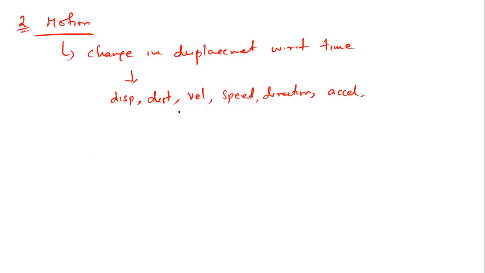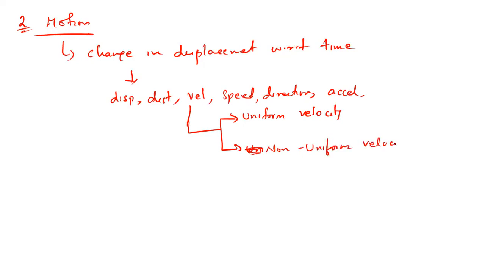So we are going to see how each one of these parameters changes when the displacement of the particle changes. Towards it, there are two types of motion we look into. The first type of motion is called uniform velocity motion. The second type is called non-uniform velocity.